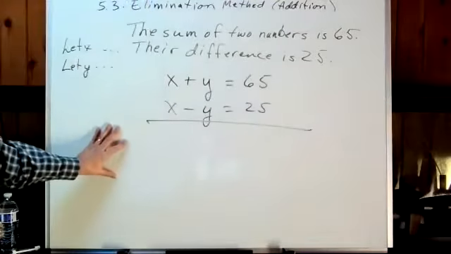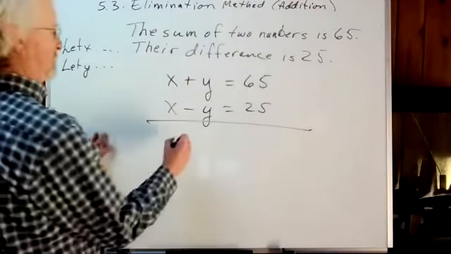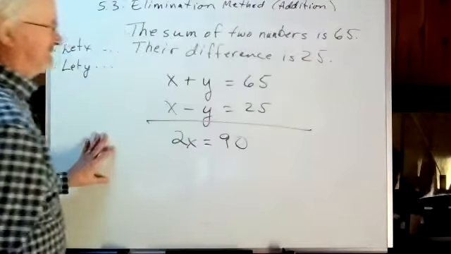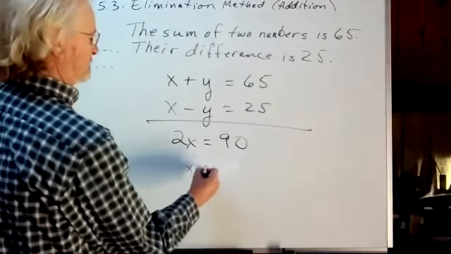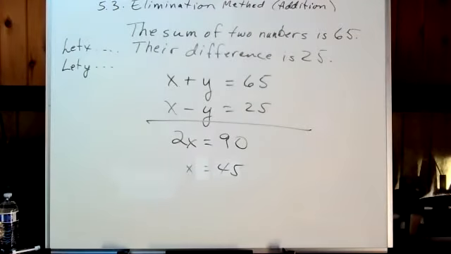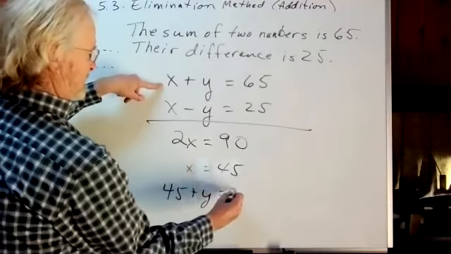That's nice. The y's are going to go away. 90. X is 45. Plus y equals 65.